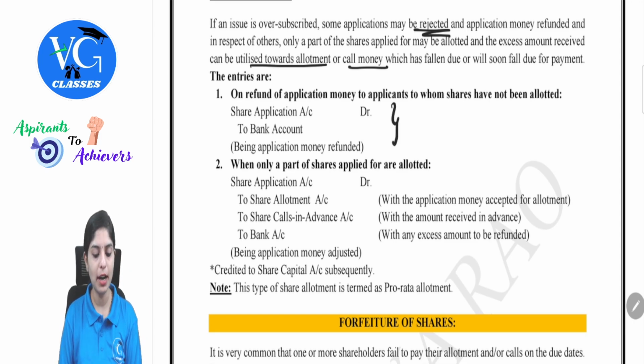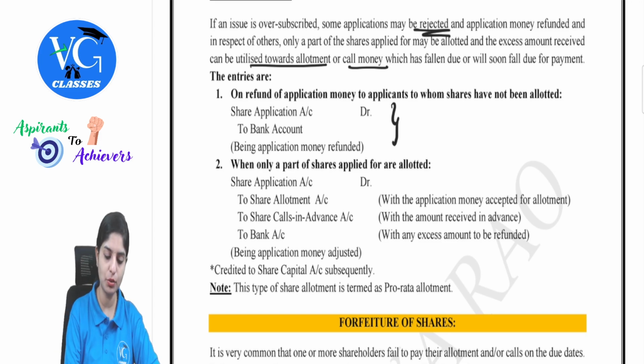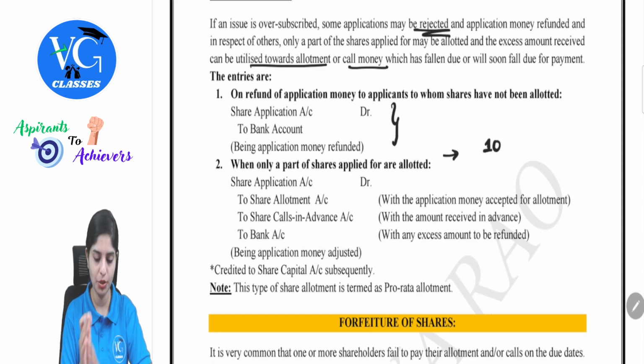Second case, when only a part of shares applied for is allotted. See, pro rata allotment means, instead of allotting the number of shares the shareholder has applied for, he will not definitely get the full applied number since the company has decided on making a pro rata allotment. Assume, for example, as per the prospectus details given, the minimum number of shares to be applied by a shareholder is 10 as one batch.